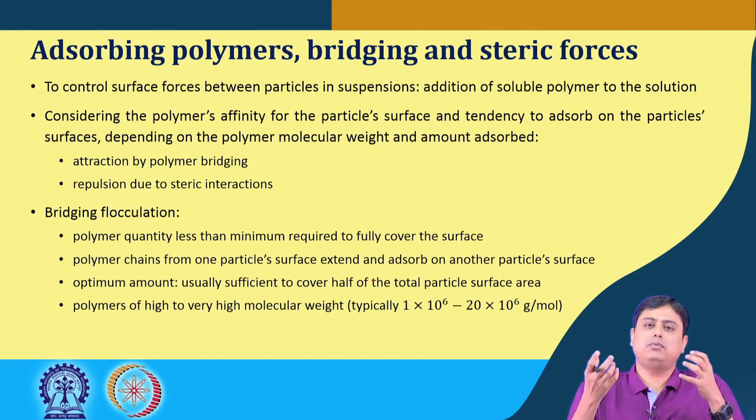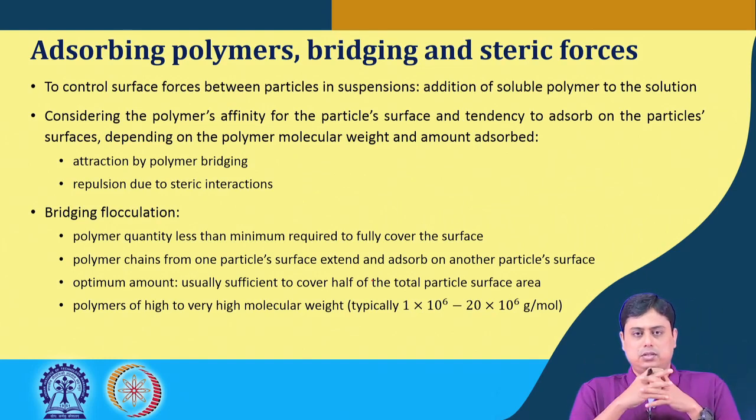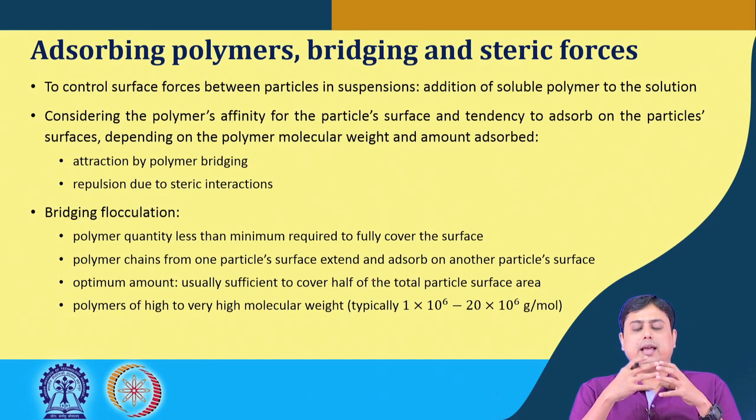These are separate forces from the van der Waals force and the double layer forces. This adsorbing polymer layer creates interactions that can be repulsive or attractive in nature. Based on this, we have bridging flocculation for the attraction, or steric repulsion.